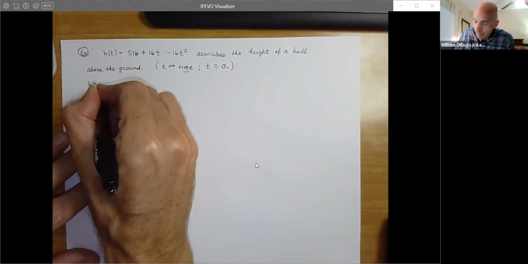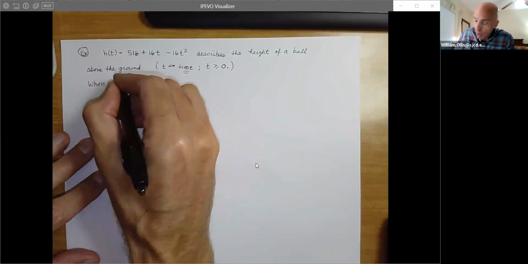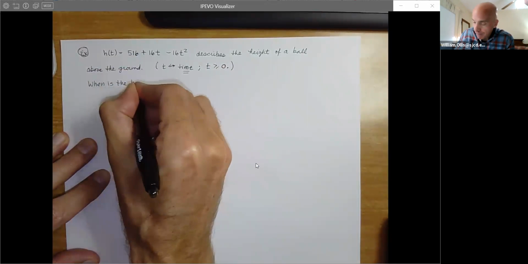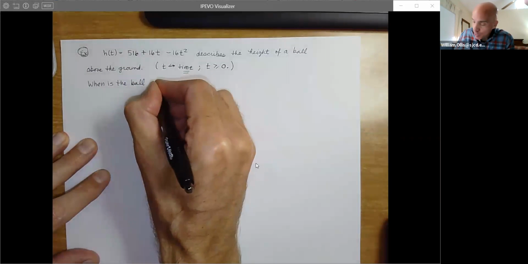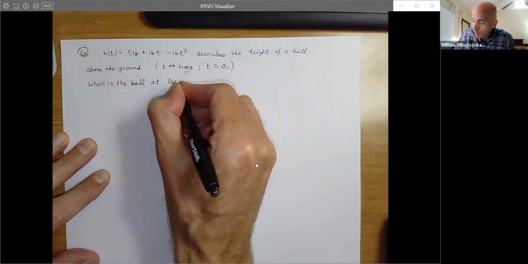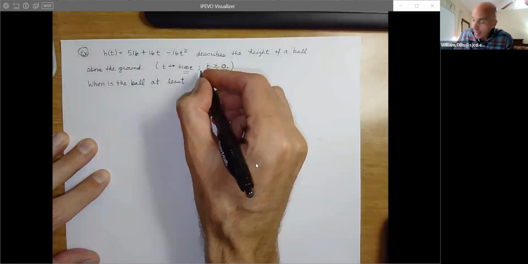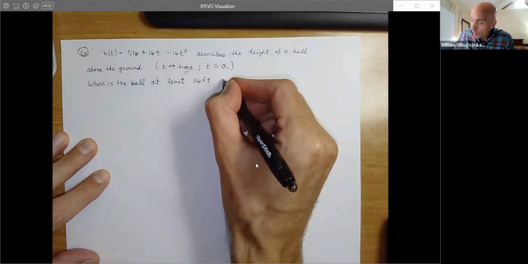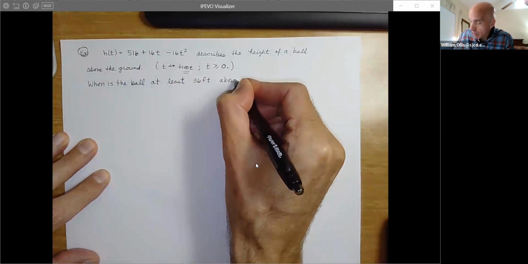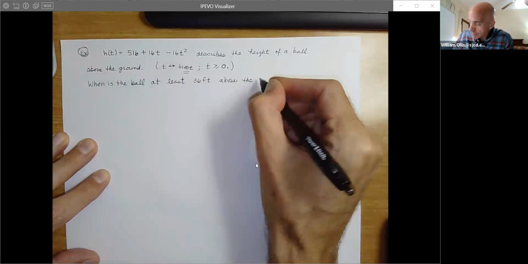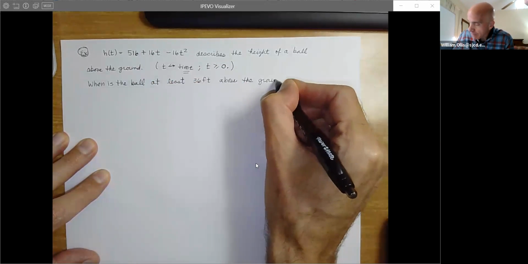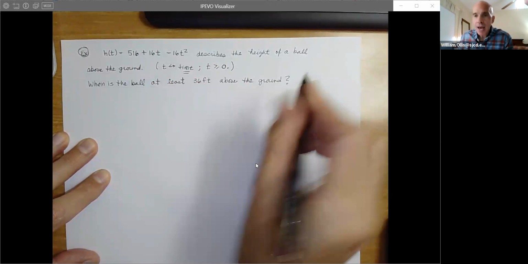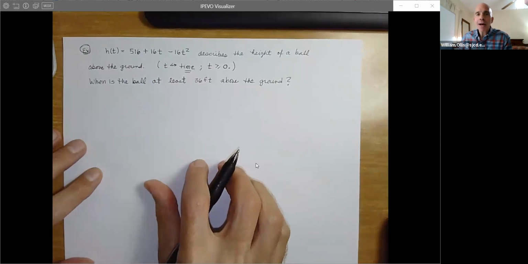When is the ball at least, and this is one of my favorite phrases in inequalities, at least 36 feet above the ground? Now, think about this.